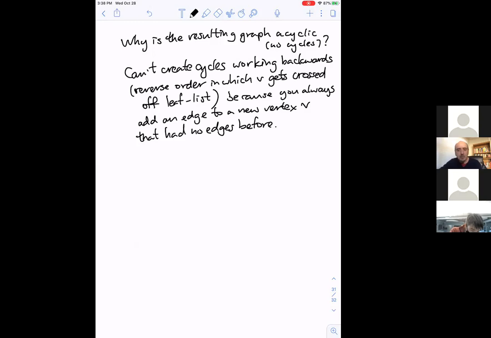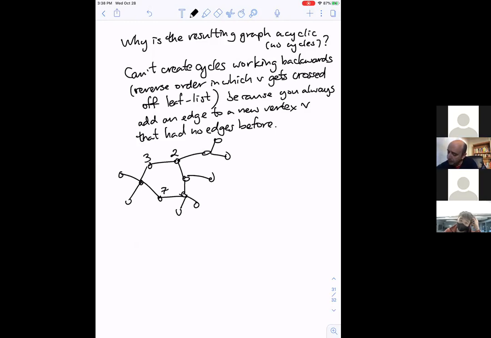And so you might think, why can't that create a cycle? Well, if you have a cycle in your graph, somewhere there's a cycle. Who knows what the graph looks like? And if this cycle was labeled, I don't know, 2, 7, 3, 8, 1, 10.